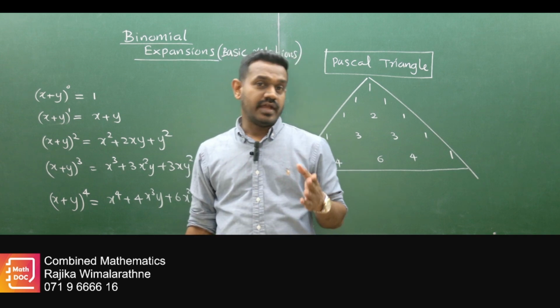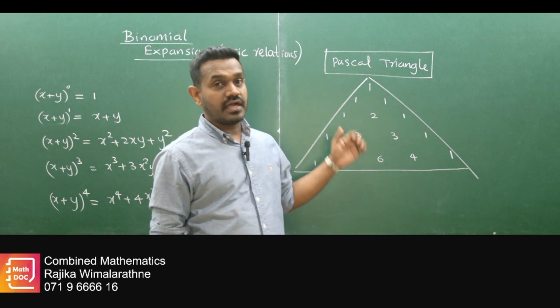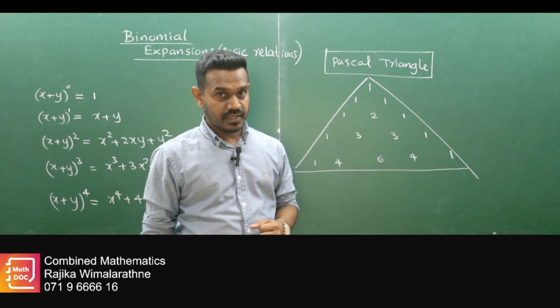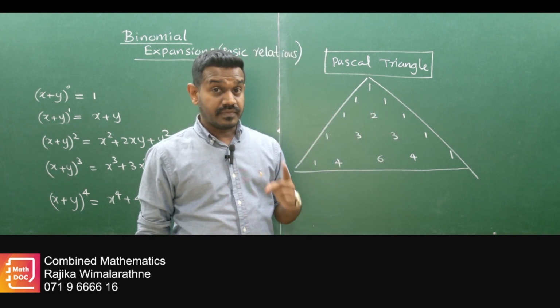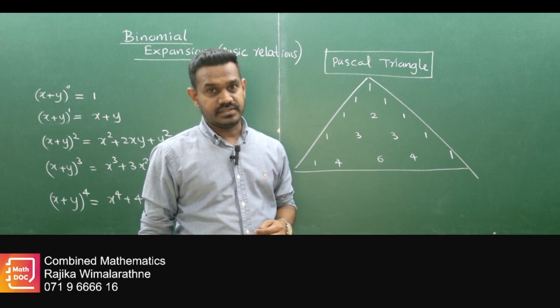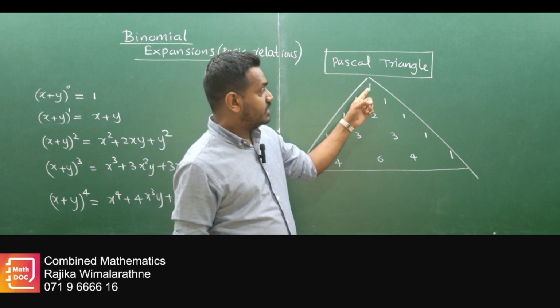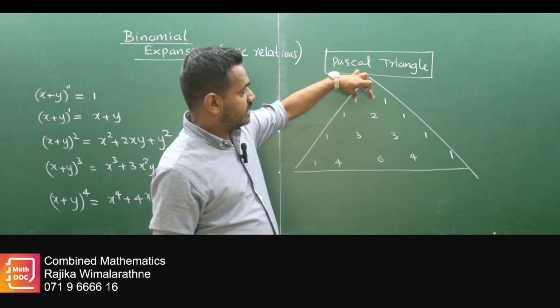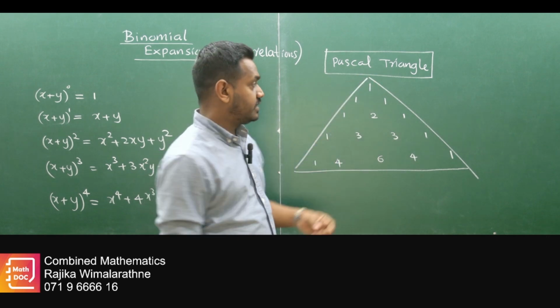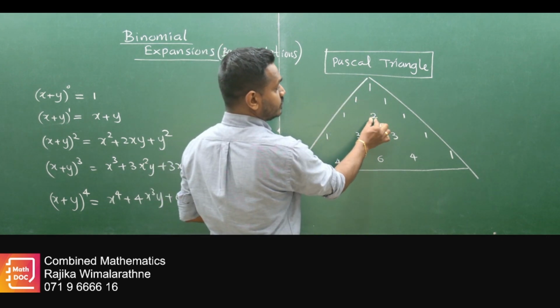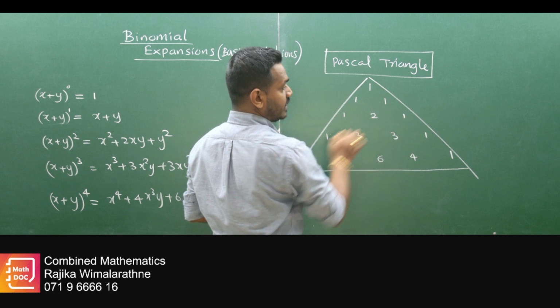First of all, you identify that we have a triangle called the Pascal triangle, made by using numbers. Here we say 1, then the next row 1 and 1, then the next row 1, 1 plus 1 is 2, 1, corners always 1.